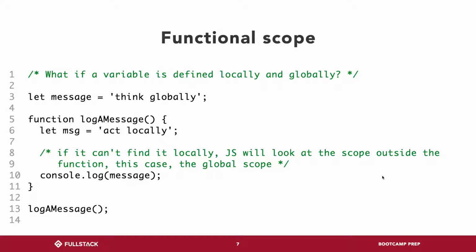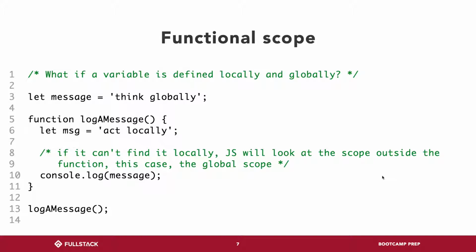everything that's in the outer scopes, the inner functions have access to it. So whoever said think globally is right, because this inner function has access to this outer variable, but this outer scope doesn't have access to this.